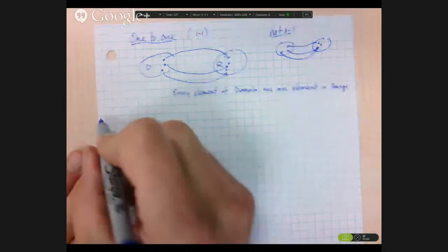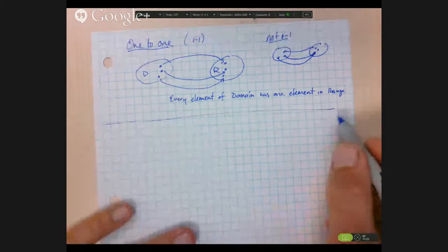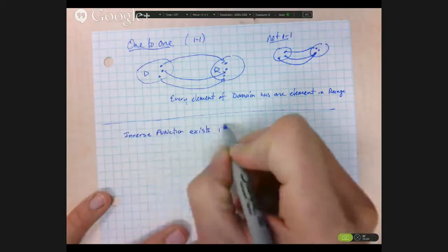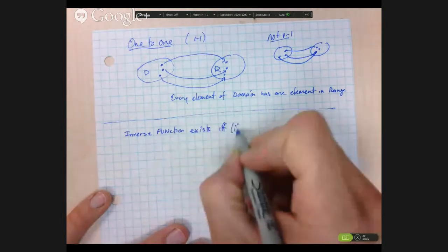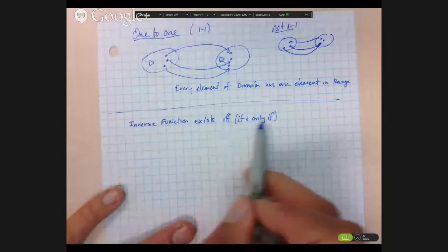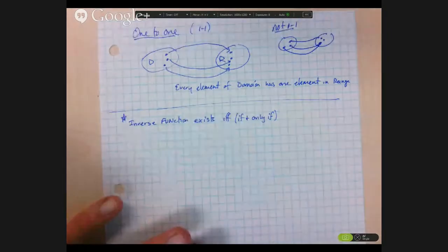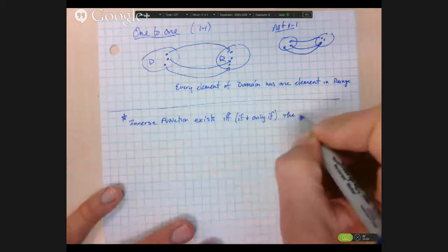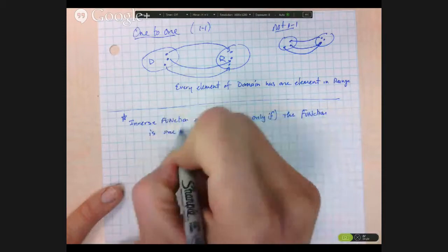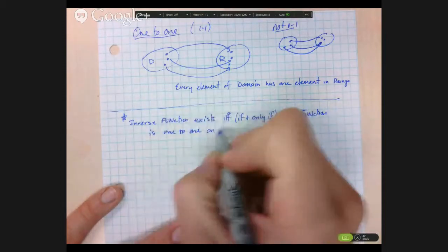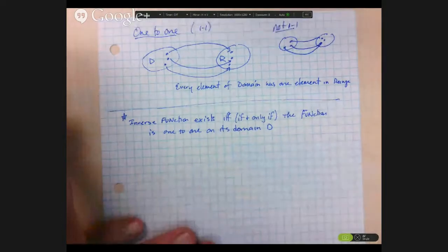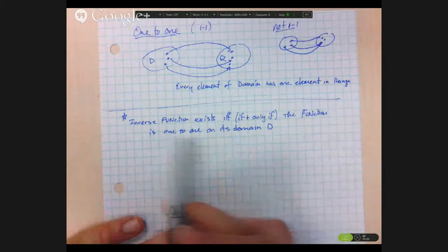The neat thing about one-to-one functions: the inverse function exists if and only if, IFF meaning if and only if, the function is one-to-one on its domain D. You can have an inverse even if this is not true, but it's not going to be a function.